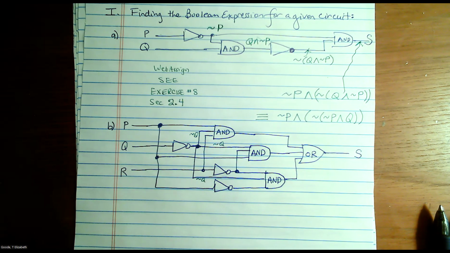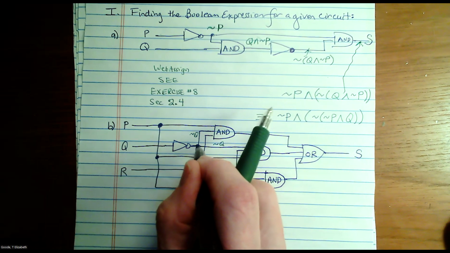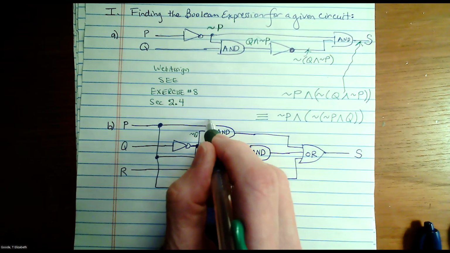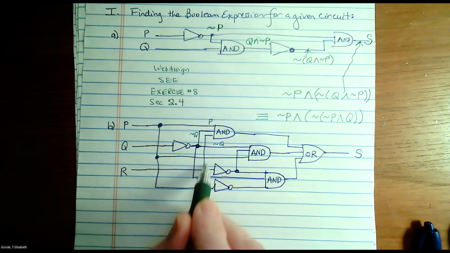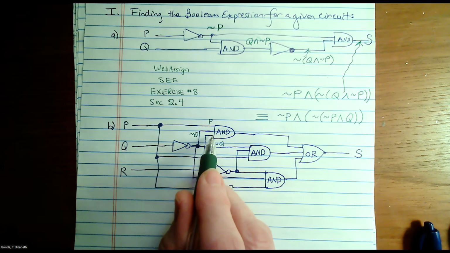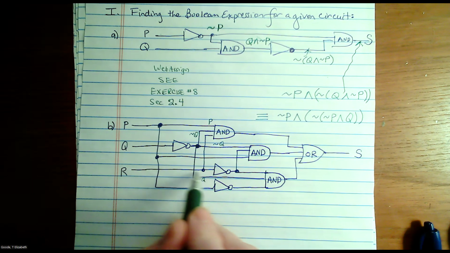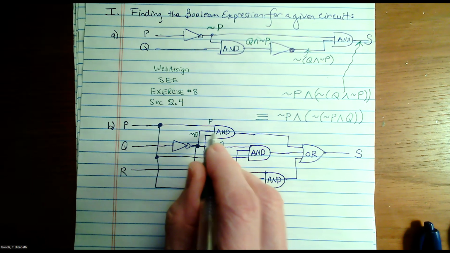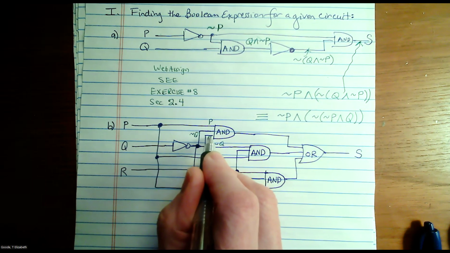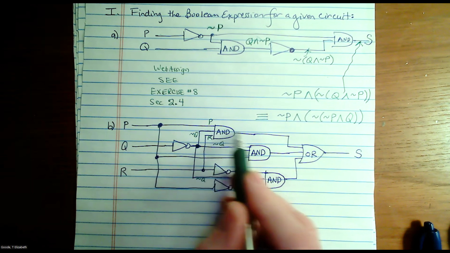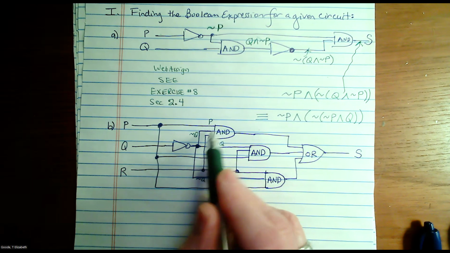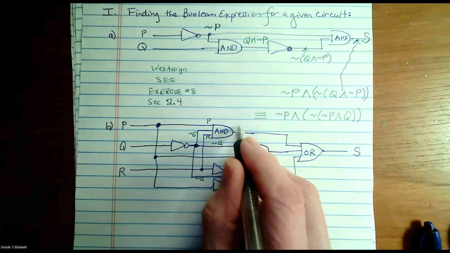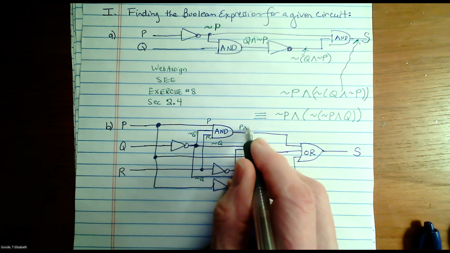Do you see that? So then the first one, like P and not Q. Yeah, this is a P wire. And what is this wire coming up in here into this AND gate also? That's R. Yeah, so there's an R coming in there. So what's coming out of this AND gate right here? P and not Q and R. Yep.